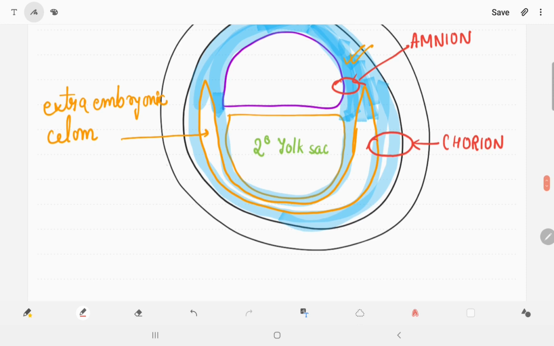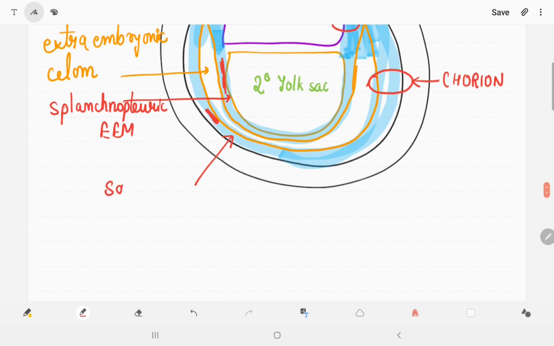Can you see that this is one layer of extraembryonic mesoderm and this is one layer of extraembryonic mesoderm that I have formed? So this inner layer of extraembryonic mesoderm is known as splanchnopleuric extraembryonic mesoderm, and this outer layer is known as somatopleuric extraembryonic mesoderm.